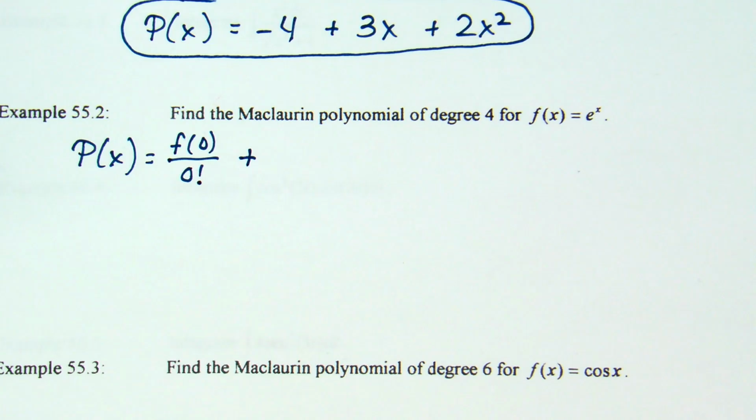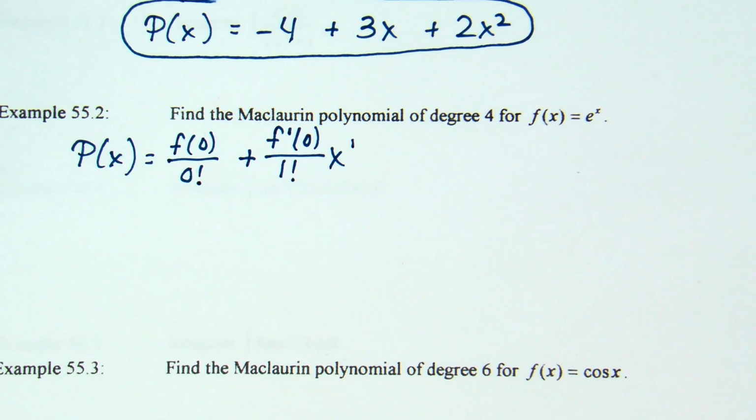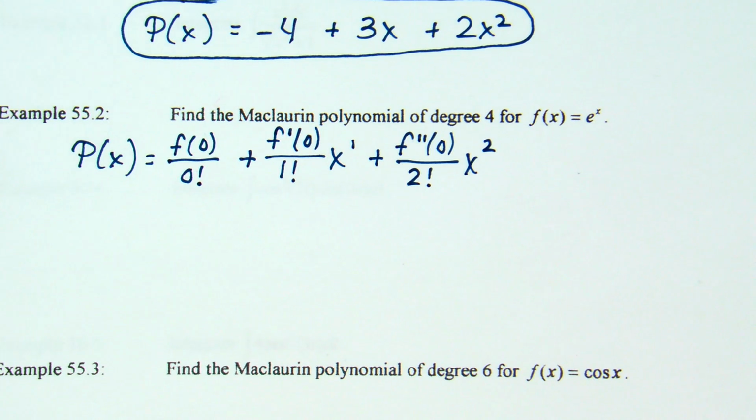Plus, then for the first power, it's going to be the first derivative evaluated at 0 over 1 factorial times x to the first. Plus, second derivative at 0 over 2 factorial times x to the second. Are you okay with how I'm doing this? Can you do the next one? Okay.